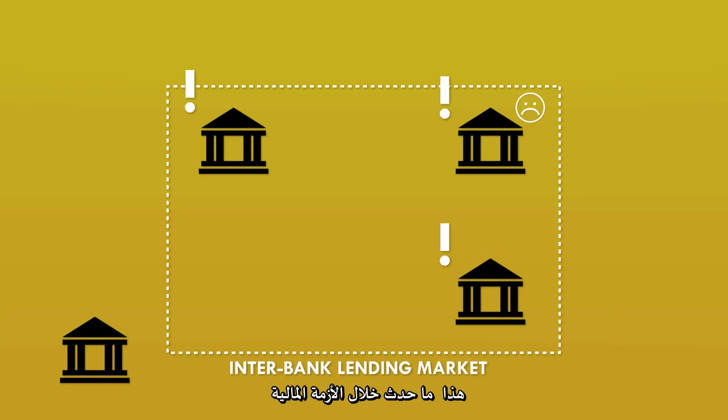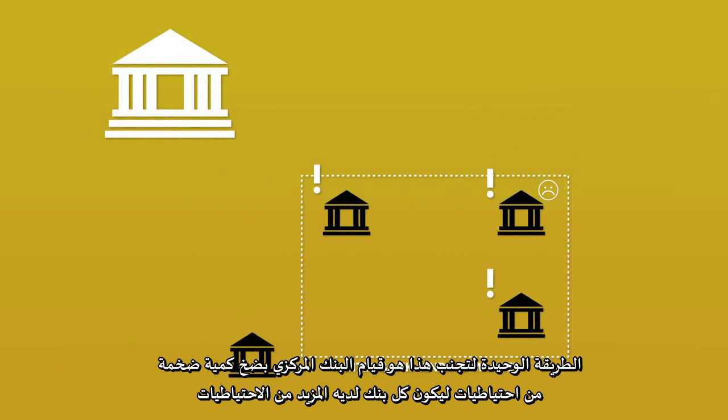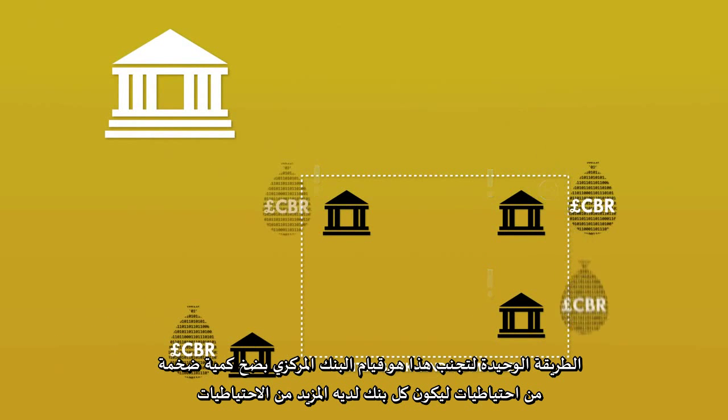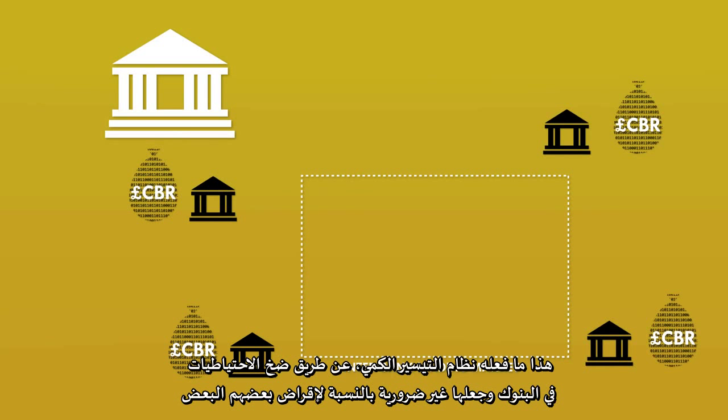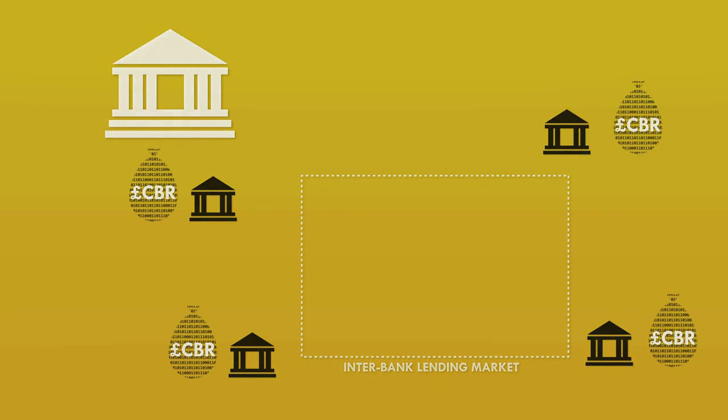This is what happened during the financial crisis. The only way to avoid this is for the central bank to pump in such a huge quantity of reserves that every single bank has more reserves than they need. This would mean that they no longer need to lend to each other. This is effectively what the quantitative easing scheme did, by pumping reserves into the banks and making it unnecessary for them to lend to each other.